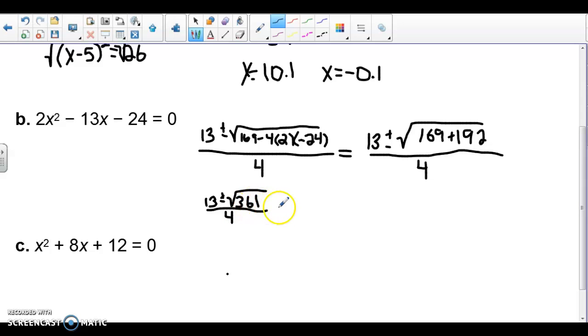The square root of 361 is 19, so I'll have 13 plus or minus 19, over 4.